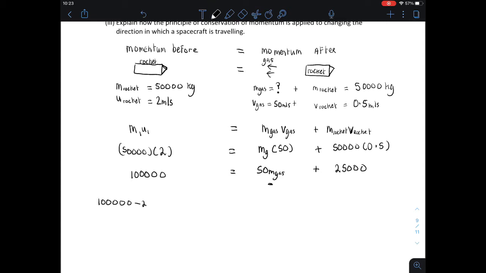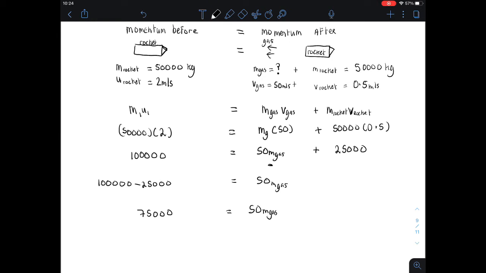This gives us 100,000 minus 25,000 is equal to 50 times the mass of the gas. This leaves us with 75,000 is equal to 50 times the mass of the gas. We want the mass of the gas on its own, so we divide both sides by 50. This leaves us with 1,500 kg is equal to m, the mass of the gas, which we were asked to find.